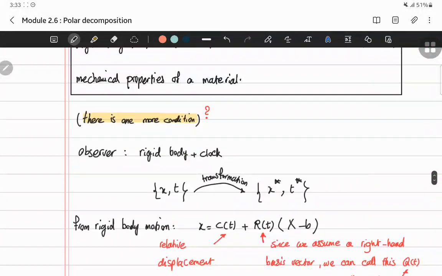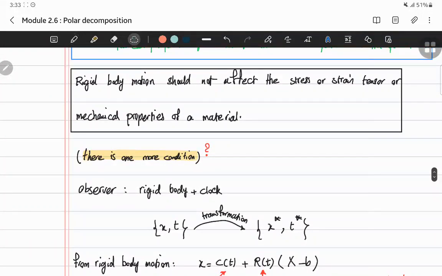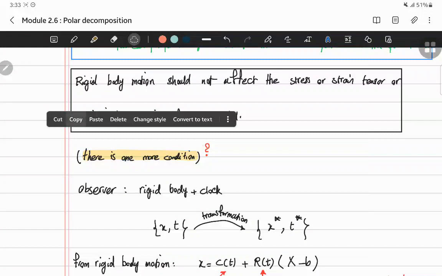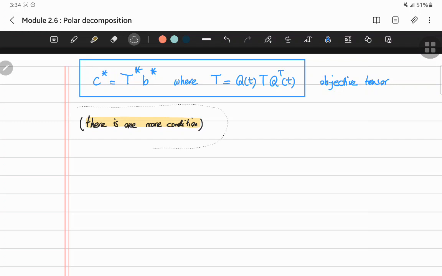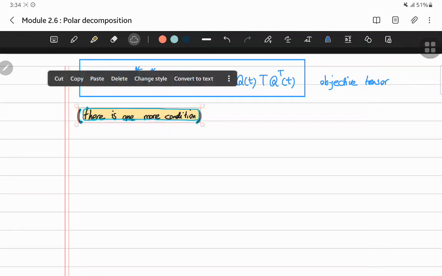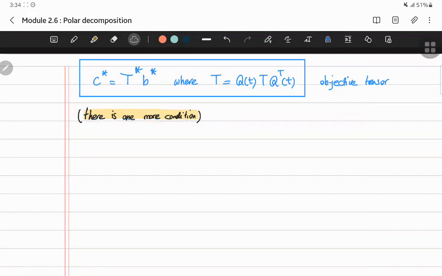So the answer to this question is basically, so if I paste this in here, the answer, so it should follow transformation laws. The transformation laws for the tensors, of course, because here we are talking about tensors.